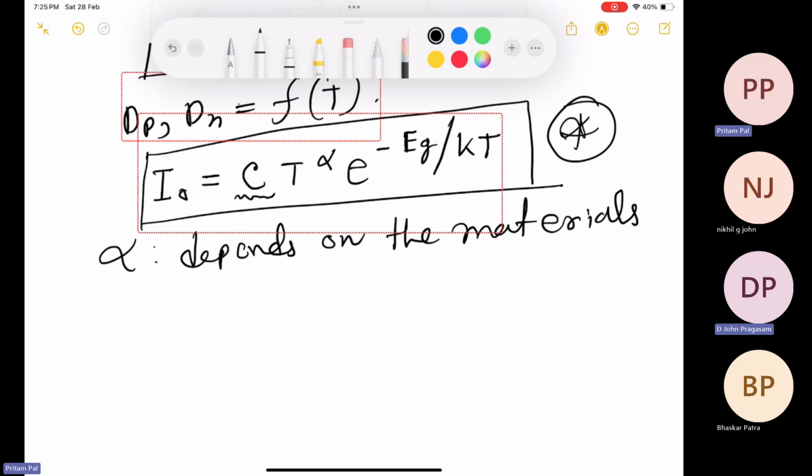The lectures explain majority concentration for diffusion current and minority concentration for drift current.